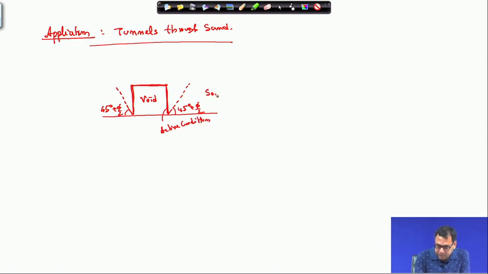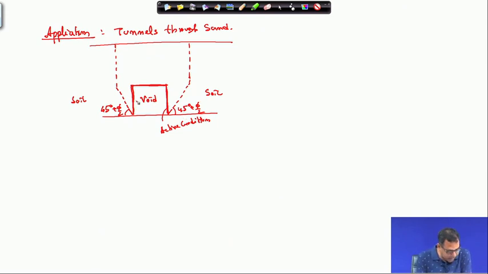Because this side is soil and this side also is soil, this portion of the soil will move. So the soil above this portion will also move.